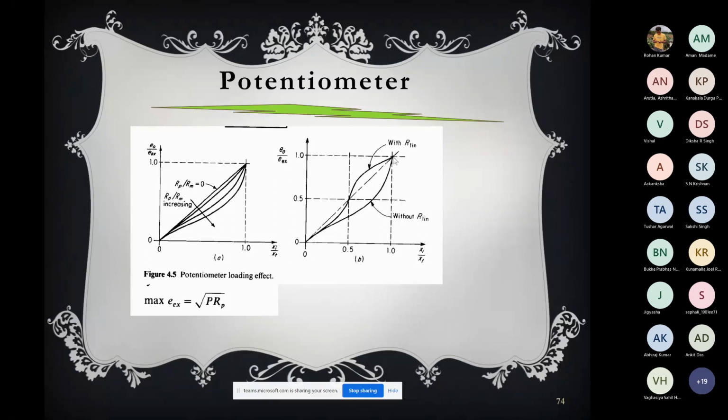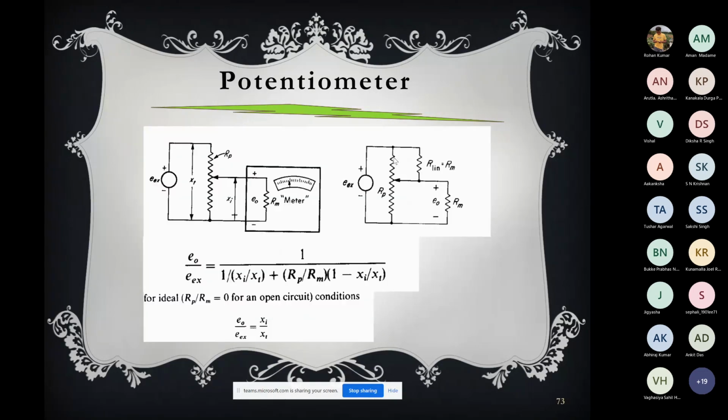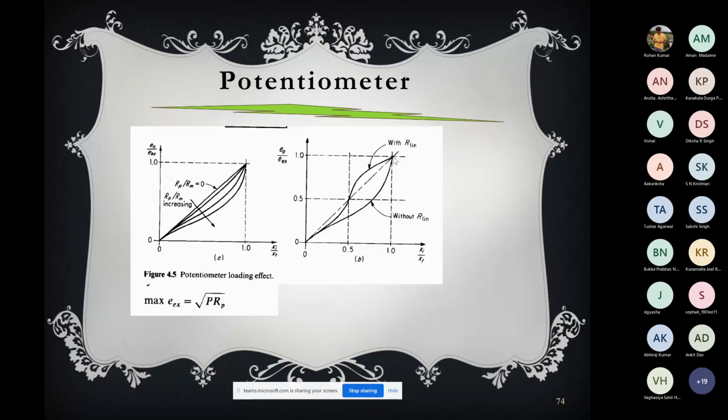The equation E0 by Ex shows that a nonlinear relationship between Xi and E0 will exist. Thus there is a deviation from linearity, and as Rp by Rm increases, the curve will become more and more nonlinear.